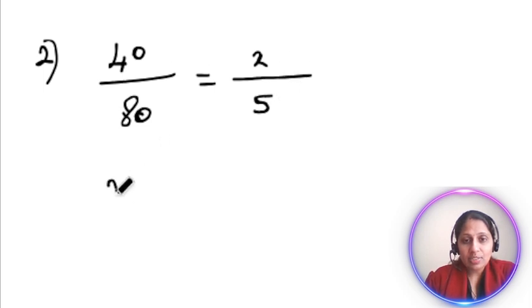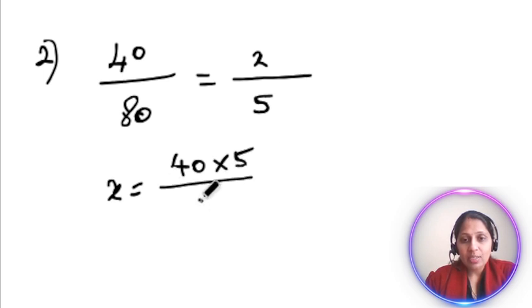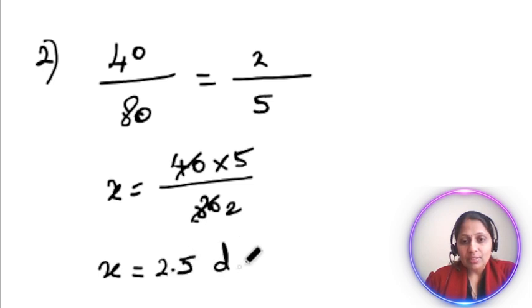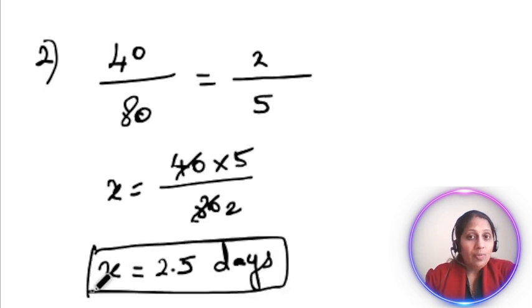Transpose this: x equals 40 times 5 divided by 80. So this is 1 time, this is 2 times. So x equals 2.5 days. So 80 men can complete the work in 2.5 days.